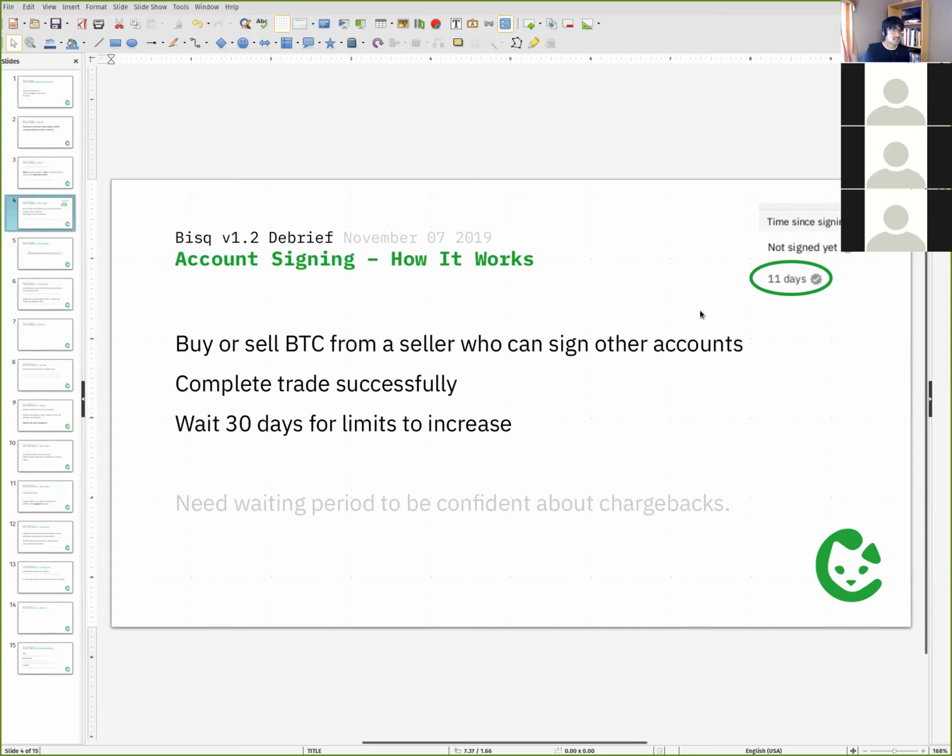The waiting period is necessary to be confident about chargebacks. Chargebacks sometimes are not detected for a couple of weeks or so after a transaction has been made, and so we need to have a waiting period in order to be sure about that. Additional mechanisms to enable higher trading limits without this waiting period are in discussion.